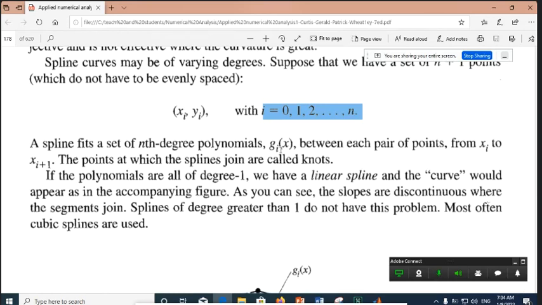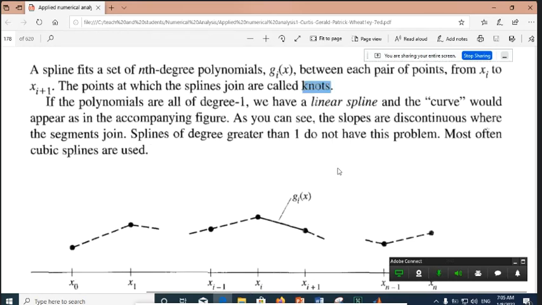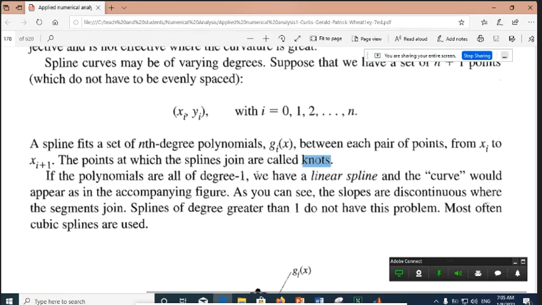We use a set of polynomials g_i(x) between each pair of points from x_i to x_(i+1). The points at which the spline pieces join are called knots.